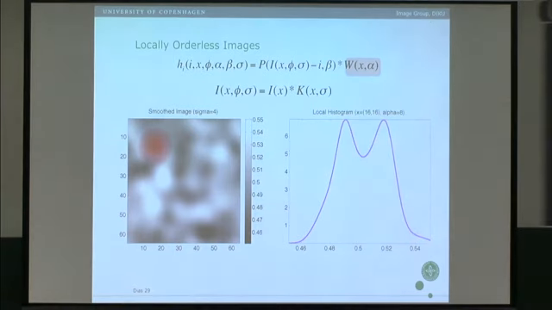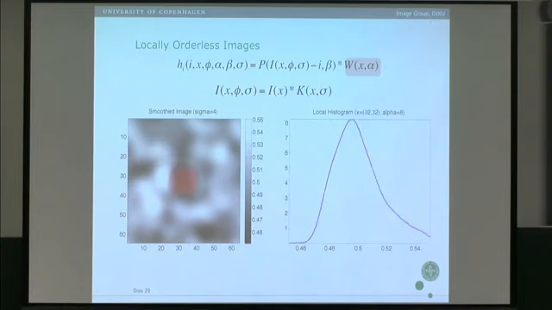Let me jump over some of these. The next step is that we are also going to look in a local neighborhood in the image with a Gaussian profile again. Then we get a histogram in this position like this, and in a different position we get a different histogram like that. So we have these three different blurrings.